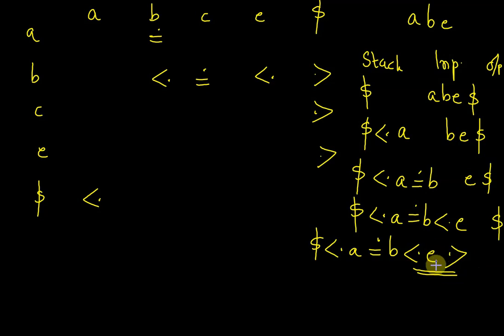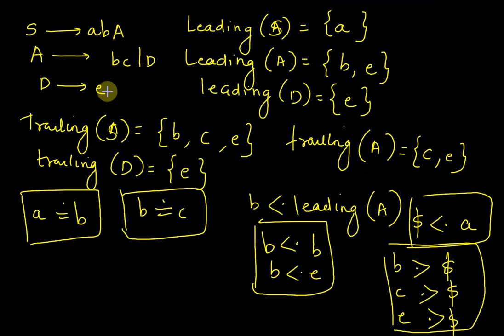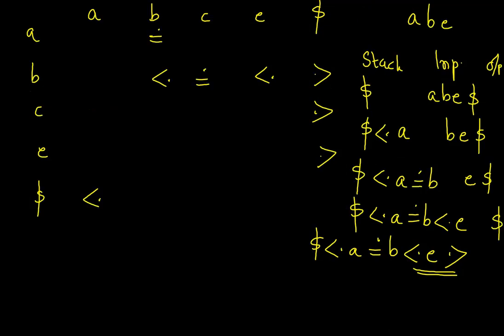Okay, so E, is there any grammar rule which states that something gives E? You can check it in previous. So D gives E, so this E can be reduced to D. Now whenever this is replaced by a non-terminal symbol, we perform pop operation for that non-terminal.